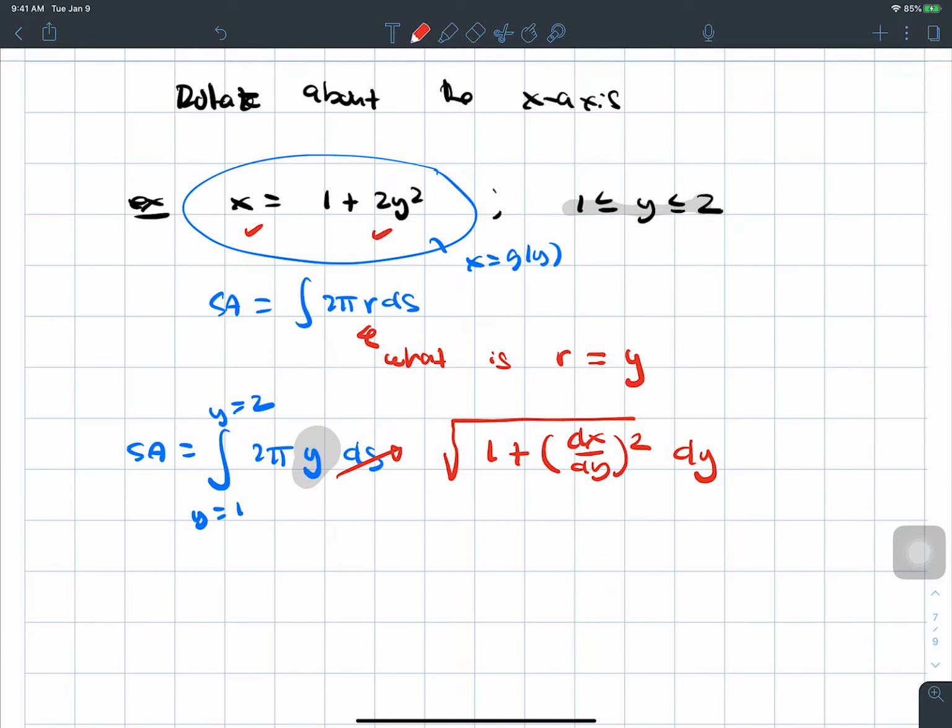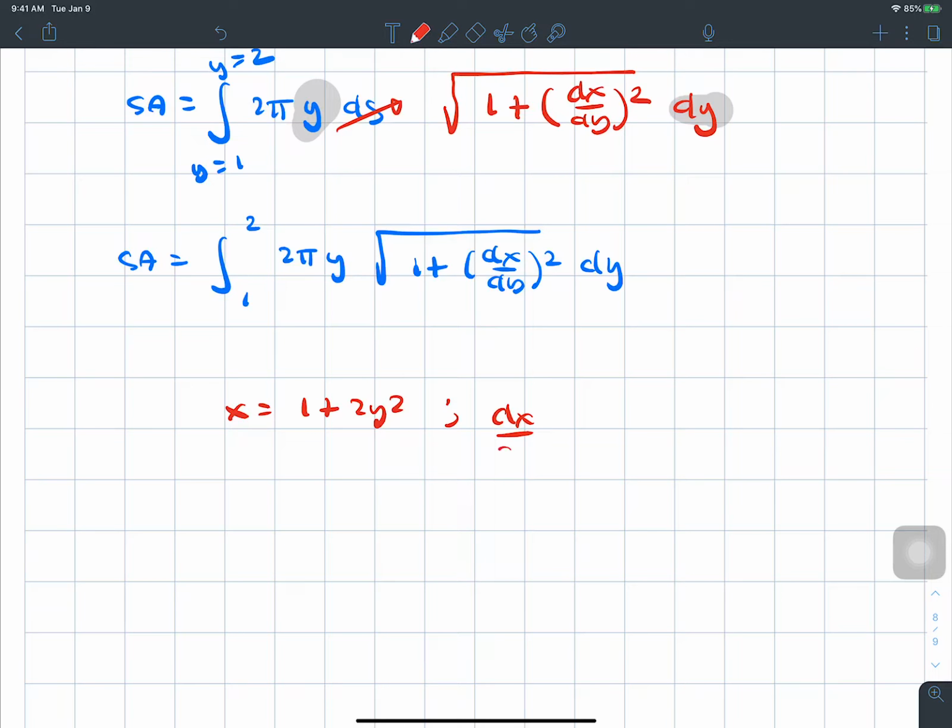We now have to find what goes in this radical here, right? We've got to find what goes in that particular radical. So I'm glad we have x is going to be 1 plus 2y squared, which means dx/dy becomes d/dy of 1 plus 2y squared.